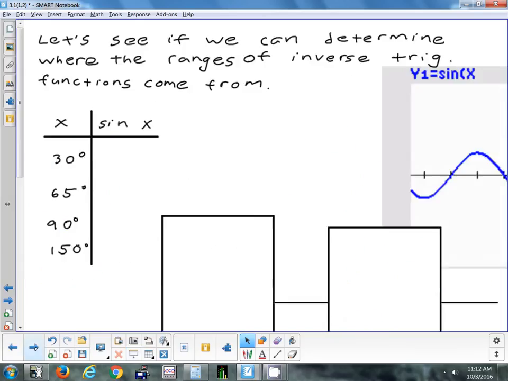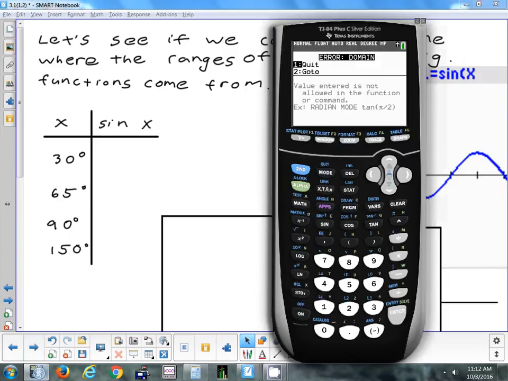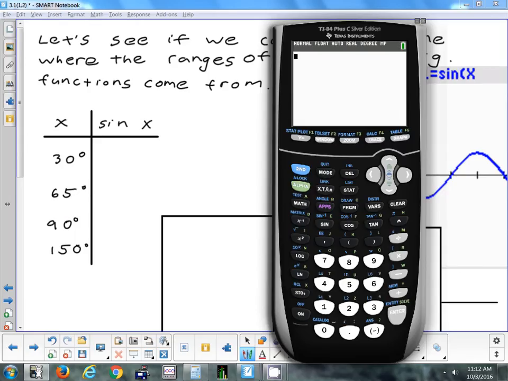So we're going to make a table, and we're going to write out these 5 values. I've got angles, and then I'm going to take the sine of them. Let me start with just the regular sine of 30 degrees. And I get 1/2, or 0.5.